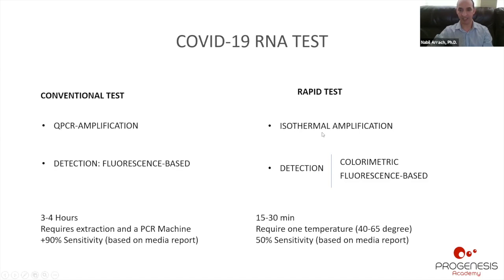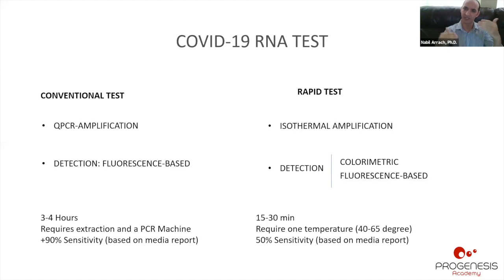When it comes to rapid tests, they don't use a PCR reaction. PCR equipment is literally a machine that will heat up the temperature up to 96 degrees to separate the DNA, and then cool down so that the primers that amplify the DNA will align to the genome and amplify, and then it will increase again to allow the amplification.